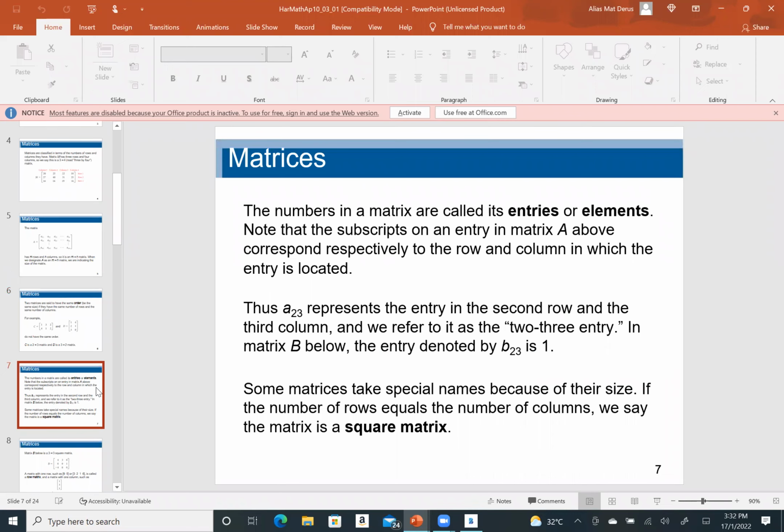And we refer to them by the position or location of the element in terms of the number of the row and the number of the column. So for example, here A23, what does it mean? It means the element in row number 2, column number 3.